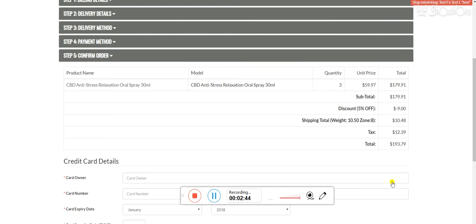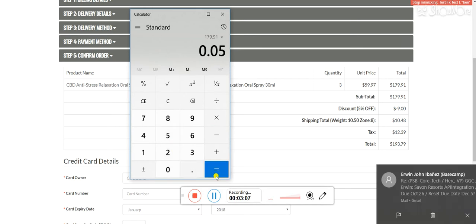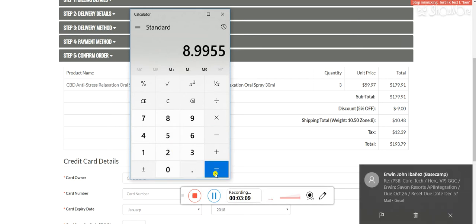Let's compute again. So 59.97, which is the unit price, times quantity 3. So 179.91 is my subtotal times 0.05 or 5% gives us 9.